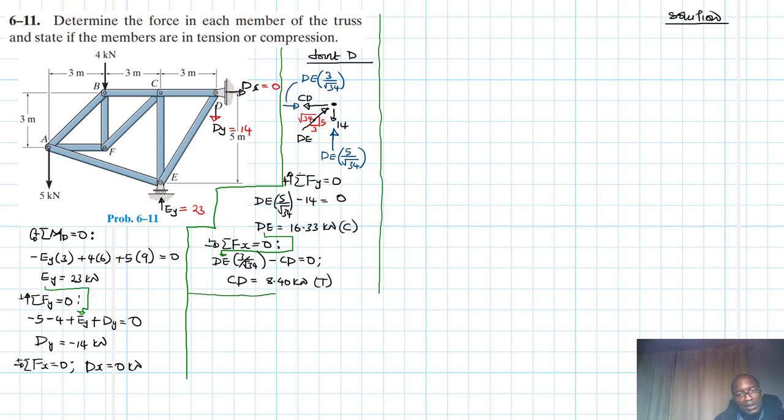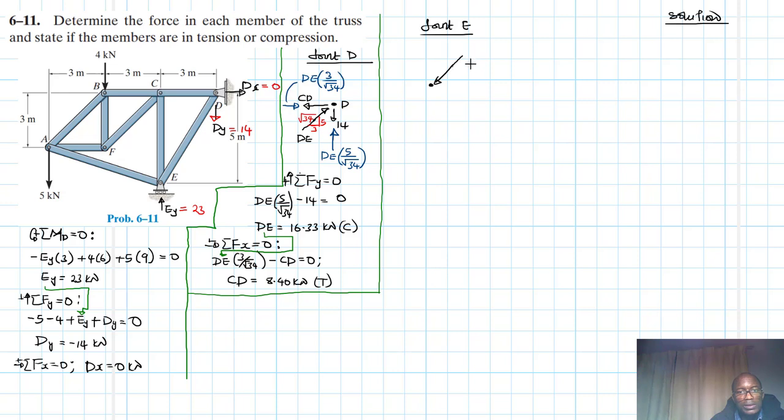Let's go to the next joint. So we'll say joint E. Okay, I think maybe we'll move to somewhere here. Joint E. This one was D. So joint E, what we have: DE is in compression, so it will be coming in like this.